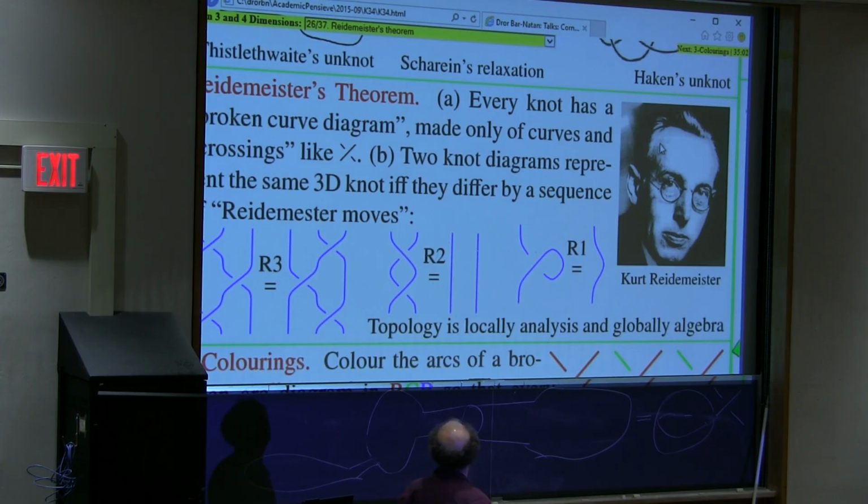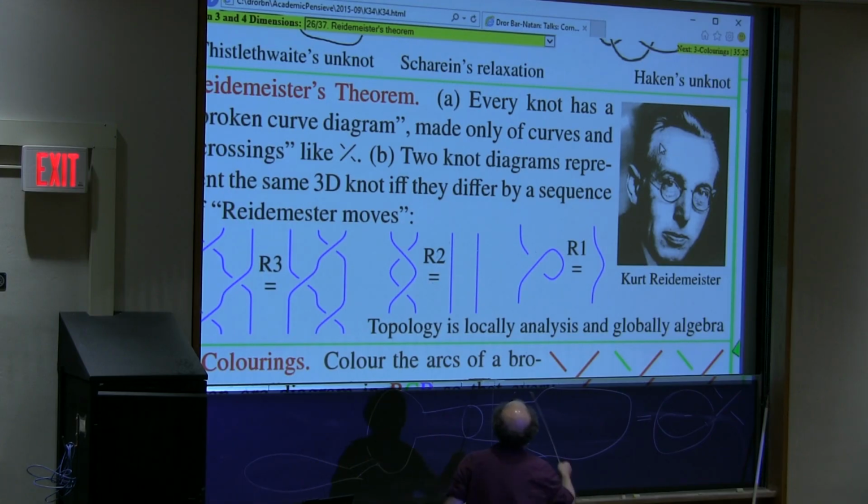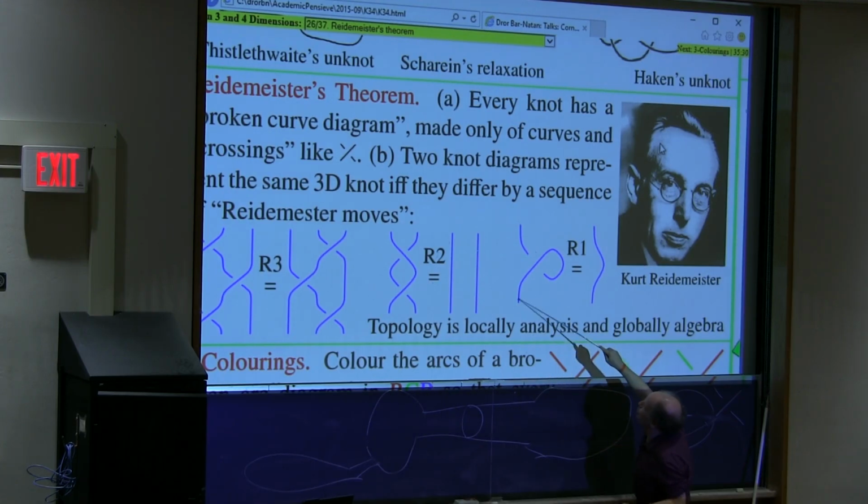And then the second part of the theorem says that 2 diagrams represent the same knot if and only if you can go from one to the other by a sequence of Reidemeister moves, where the Reidemeister moves are the following three moves. When you see a kink, you can undo it.